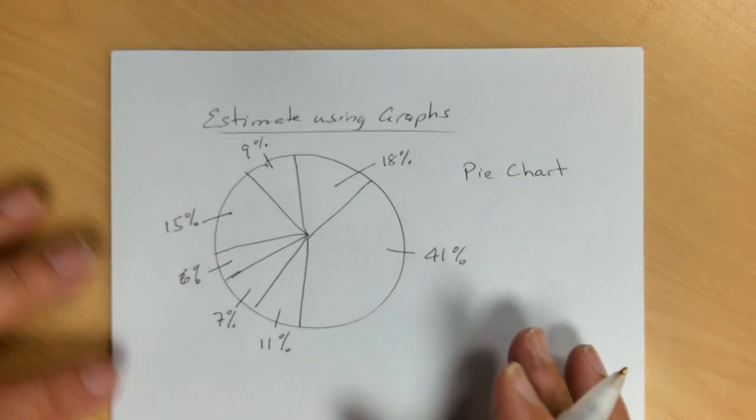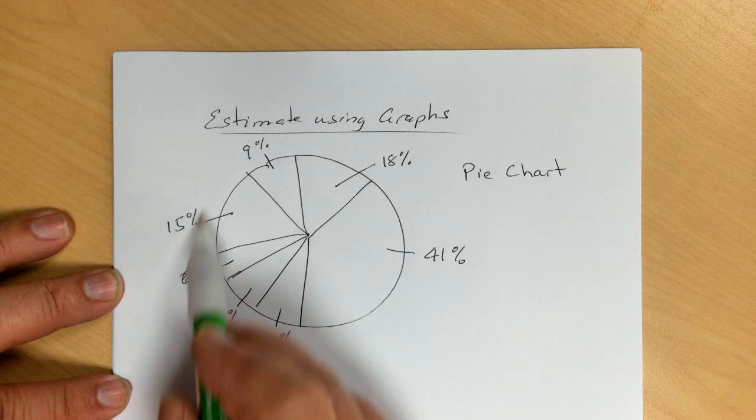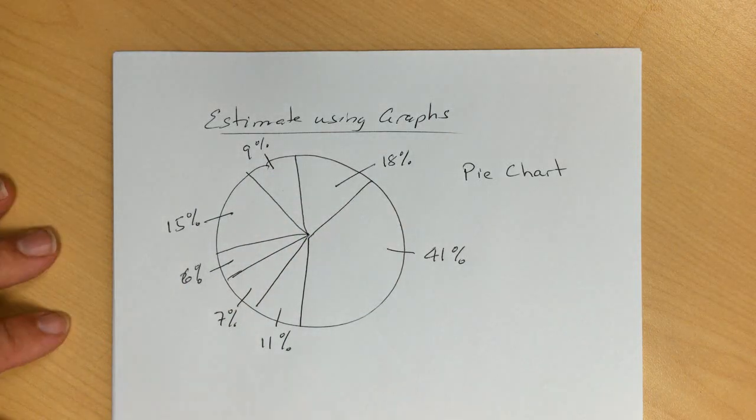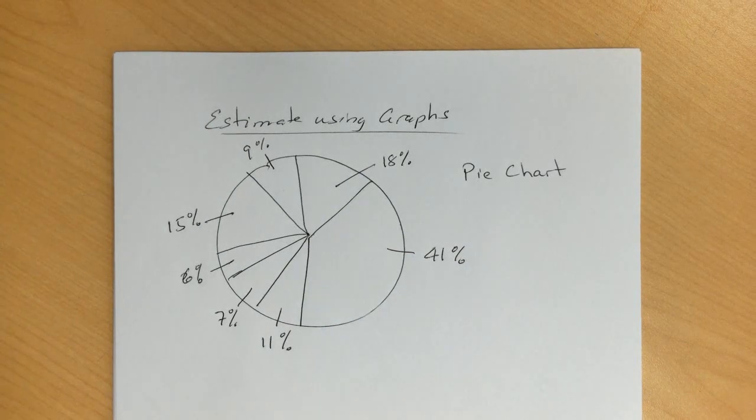It's not exact, but if you add up all these percents, what should they equal? They should equal 100. But I'm just saying, this is one chart that people use.